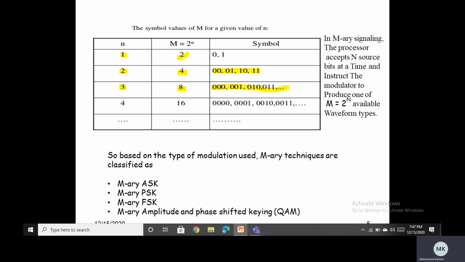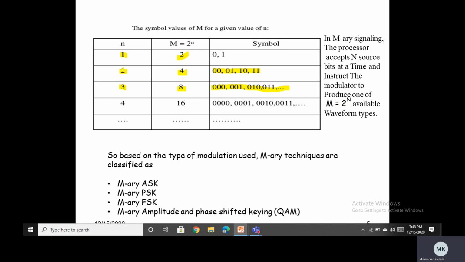So in M-Ary signaling, the processor accepts n source bits at a time and instructs the modulator to produce one of m, equal to 2 raised to n, available waveforms. Means in case of n equal to 1, the processor will accept one bit at a time and produce one of two symbols.